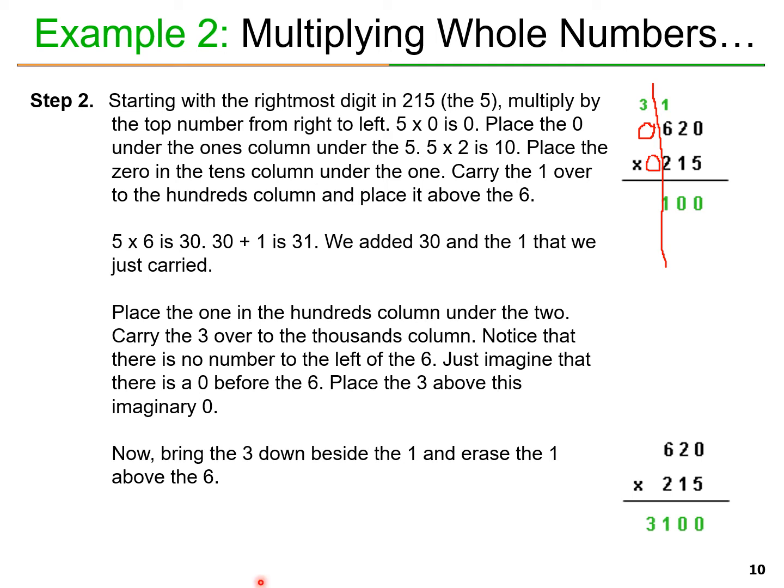So we put the 3 above this imaginary 0. Now we bring the 3 down. 3 plus 0 plus 0 is 3. And we erase this 1 here. So this 1 is gone, and we brought this 3 down, and this is what we end up with. So we end up with 3,100.